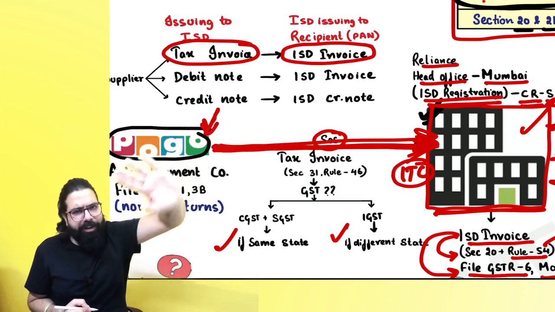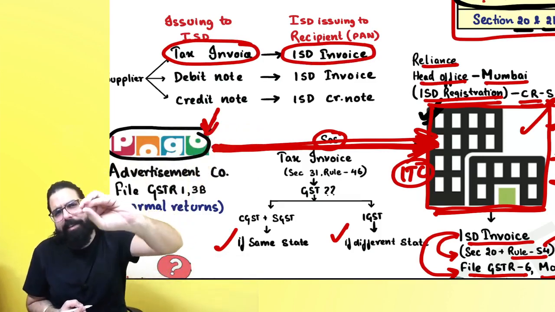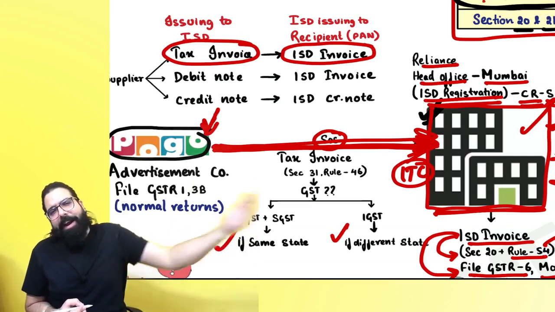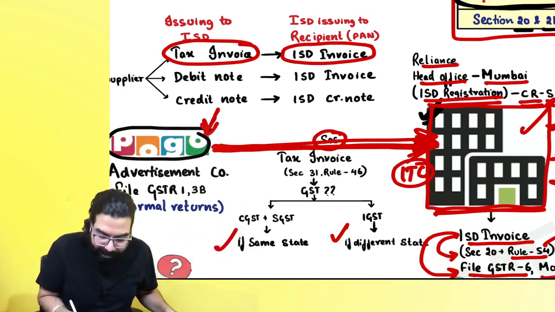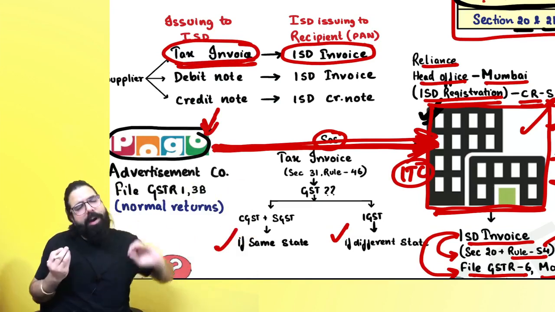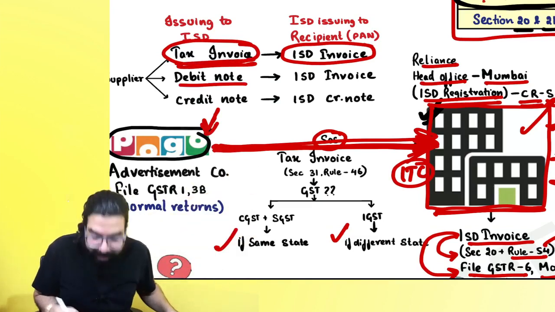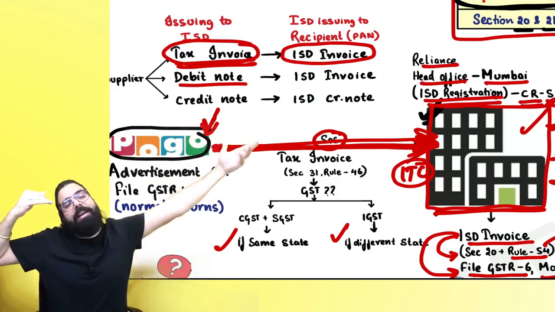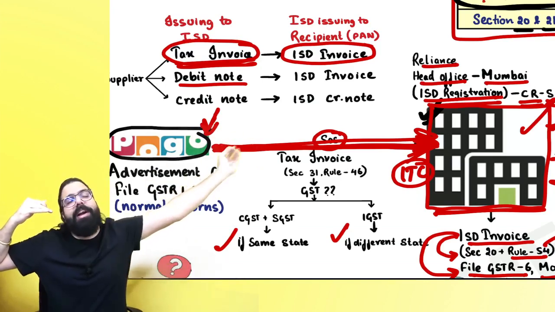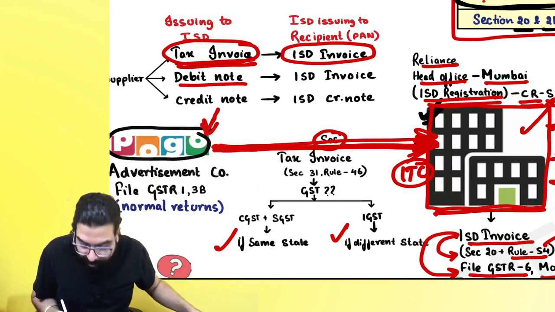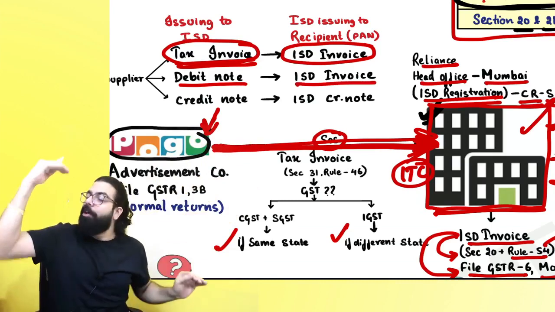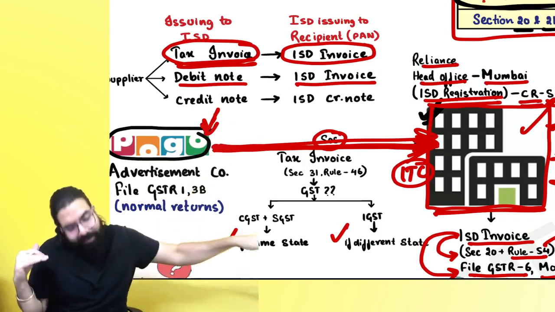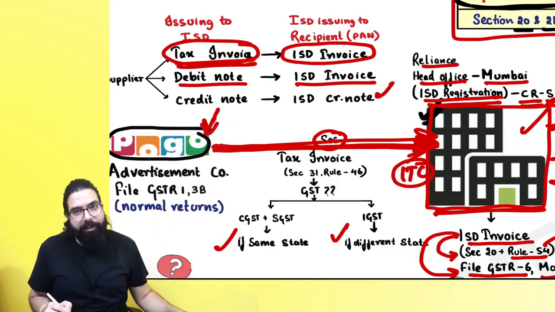Always remember, distribution can be done only to branches, that is, the head office and branch PAN should be the same. They give me a tax invoice, I give an ISD invoice. If they give me a debit note, it means my credit goes up. To distribute, I will not give a debit note; to distribute the credit, I will always give an ISD invoice. If they give me a credit note, my credit comes down, and I will also give an ISD credit note so that the branches' credit comes down. That is all the point over here.